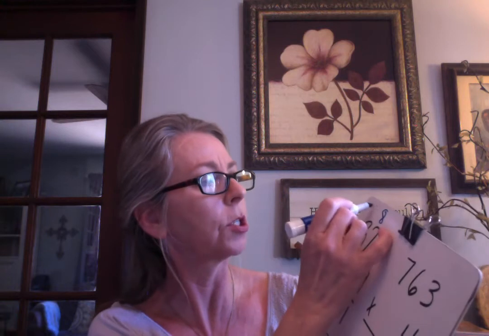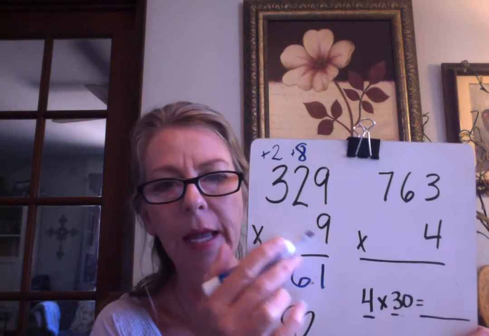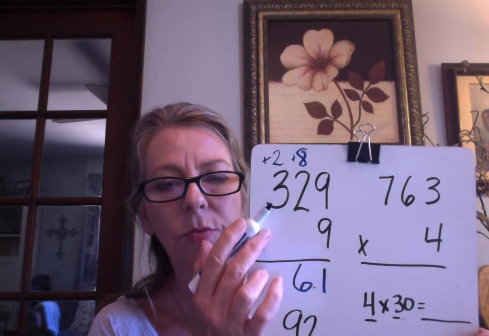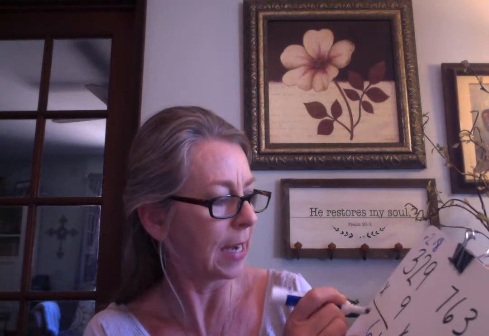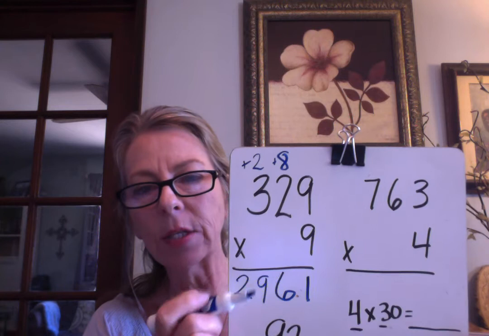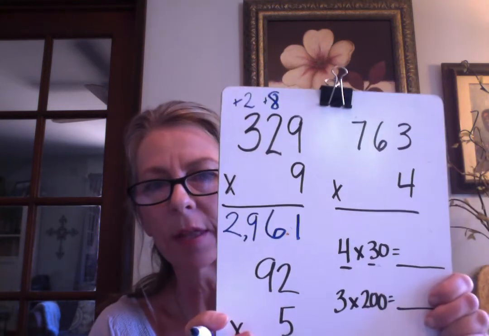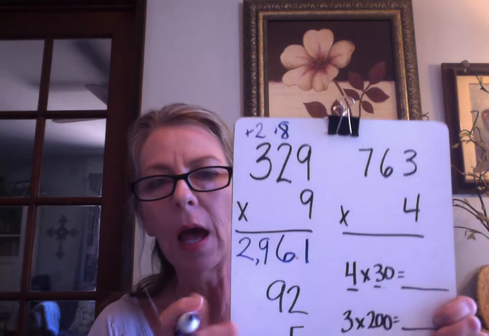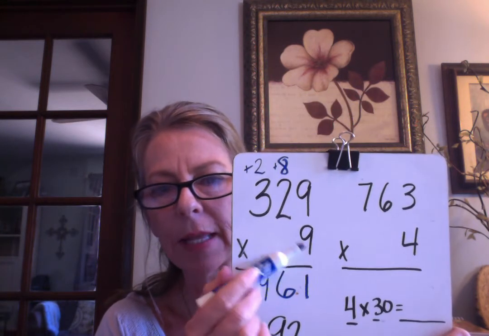So we put our 2 up here. Okay, so we have 9 times 3 is 27, plus 2 more is 29 hundreds. And since we don't have any thousands, we can just go ahead and bring that 2 down here and make sure you put your comma after the thousands place.